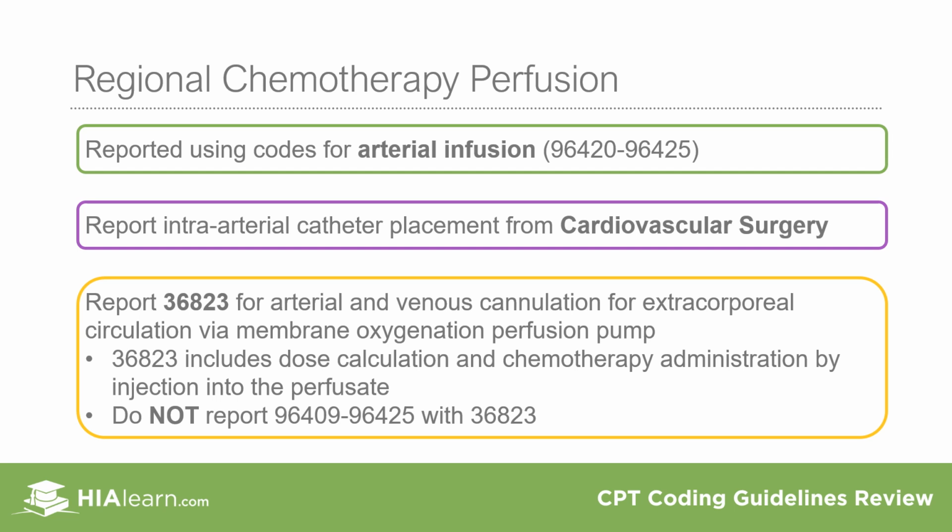This code includes dose calculation and chemotherapy administered by injection into the perfusate. Do not report codes 96409 to 96425, injection and infusion of chemotherapy and other highly complex drugs or agents, with 36823.